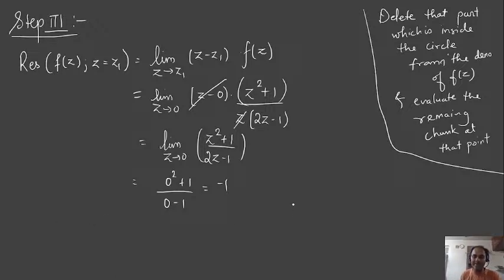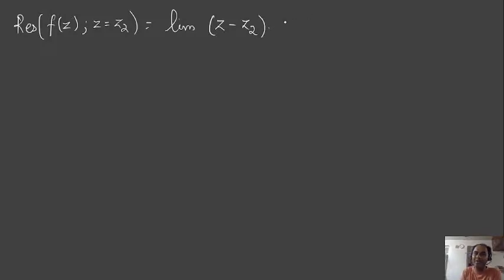So this is one residue we have got, which is minus 1, and the other residue, let's do by that shortcut, but we will write down the formula also, z = z2. So the limit of (z - z2) times f(z), z tending to z2. Here it is limit z tending to 1/2, the second point that we have found.